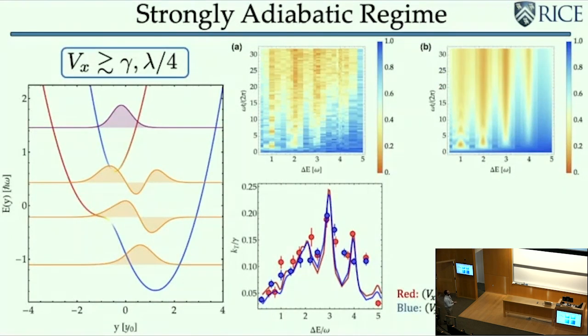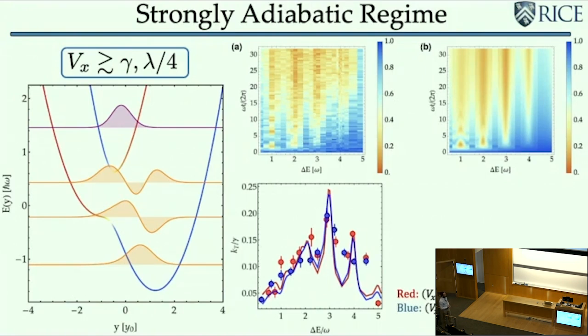Now we can switch gears and go to the other limit, where Vx is actually quite large. Here the dynamics is quite rich, and we cannot use an exponential fit to compute the transfer rate. We took this data with the same set of parameters, and we just vary gamma, so we just vary the cooling rate effectively.